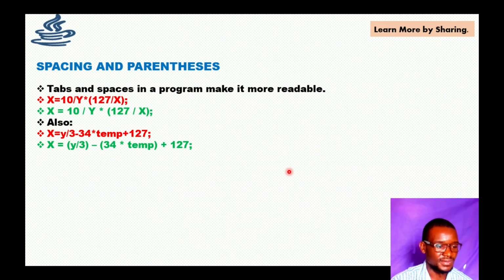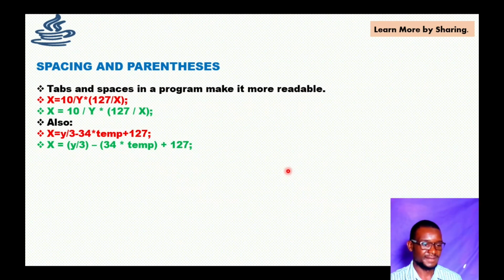Tabs. On your keyboard, you see the tab there. Tabs and spaces in programming make it more readable. You can tab up, you can add spaces to your expressions, just to make your expressions readable. For example, the first one, no space. It will be hard for someone to review this code right here, but if there is space like that, it looks nice and it becomes readable.